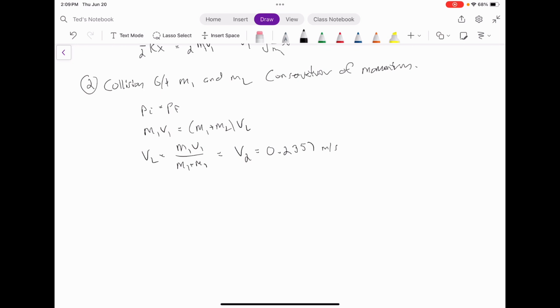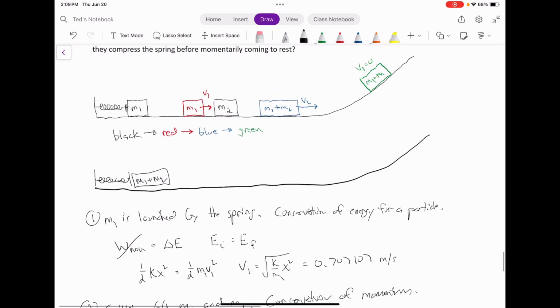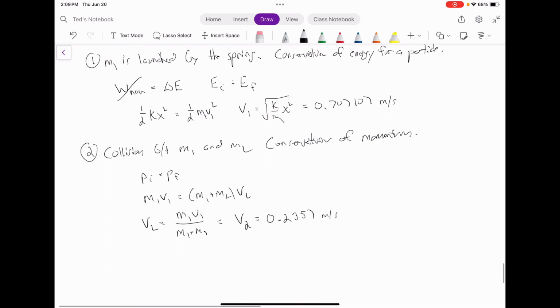Okay, now these two things are together, moving at a velocity, and they start to slide up the hill. There's no friction, so there's no work done by non-conservative forces. This is a great situation to use conservation of energy.